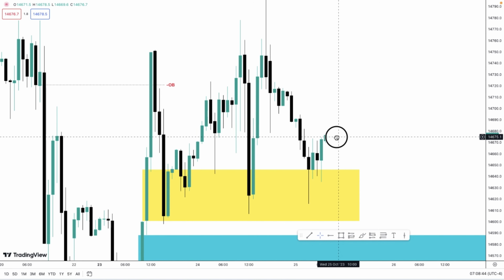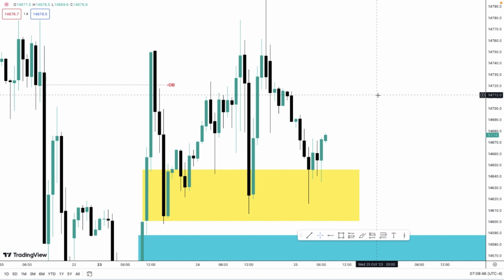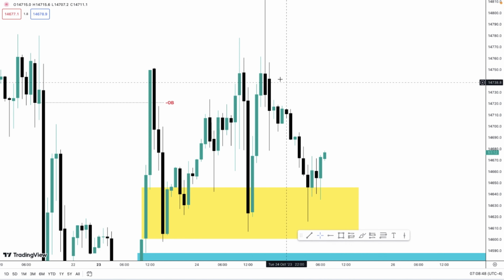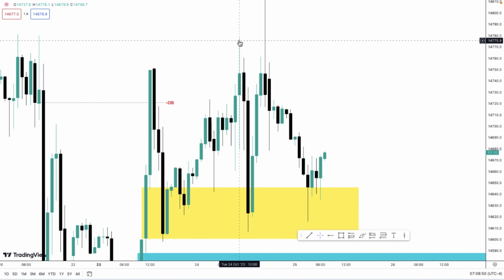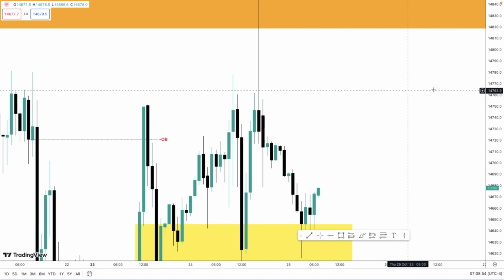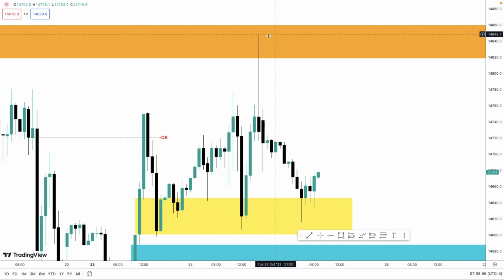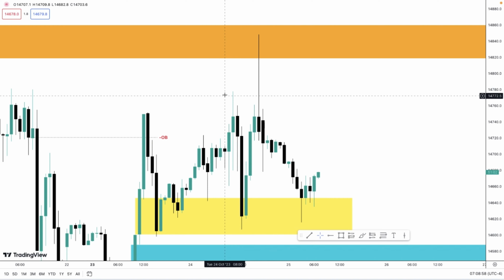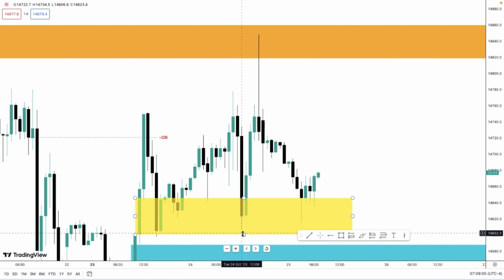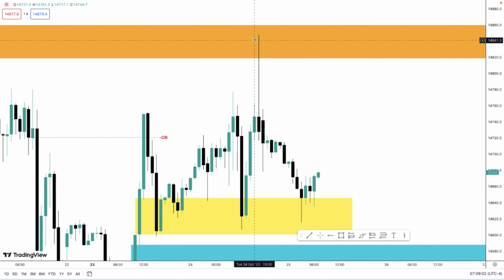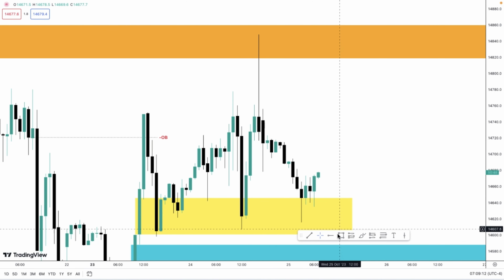So what is a breaker block? A breaker block is basically from the high, low, higher high. So we have a swing high there. Swing high, swing low, higher swing high. The last downward close candle is the breaker block.